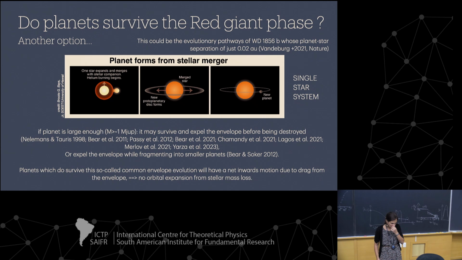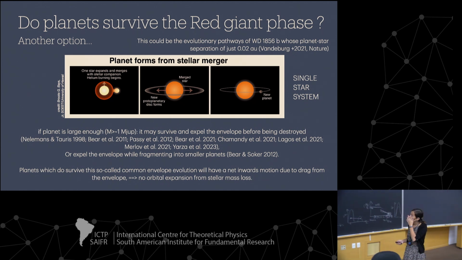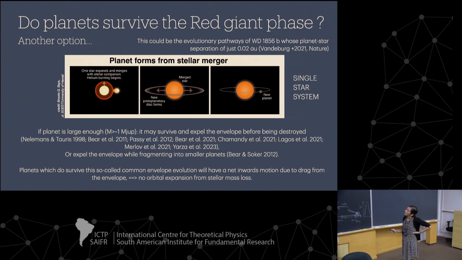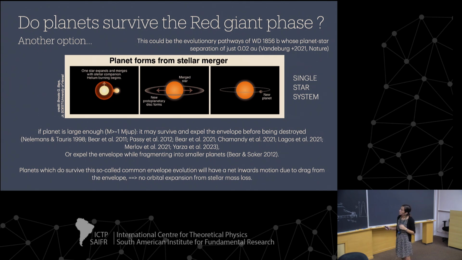Okay, there's another option that I didn't include in the single star and binary star cases. We also have a planet that can survive the common envelope, such as a smaller body around a single star, and then again the star is evolving and it merges with the star, and then you might have the formation of a new protoplanetary disk from which you form a new planet, or even have something that just survives the evolution and comes out of the envelope.